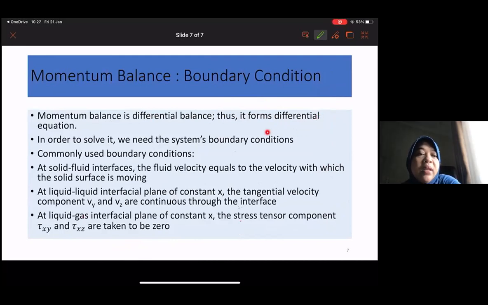These are the commonly used boundary conditions.